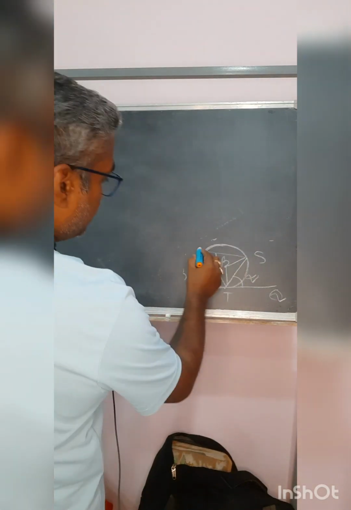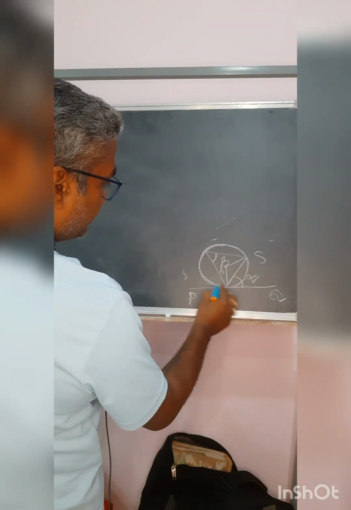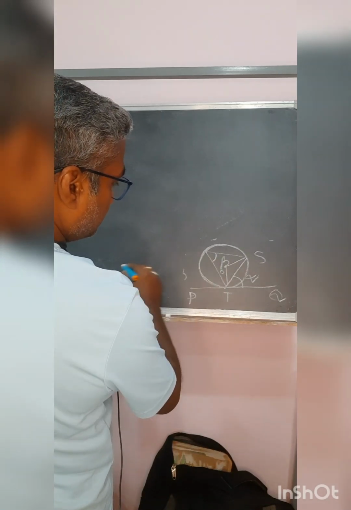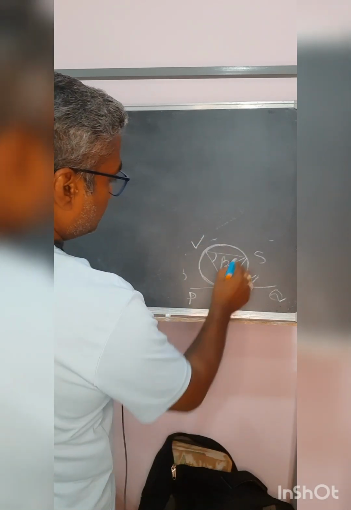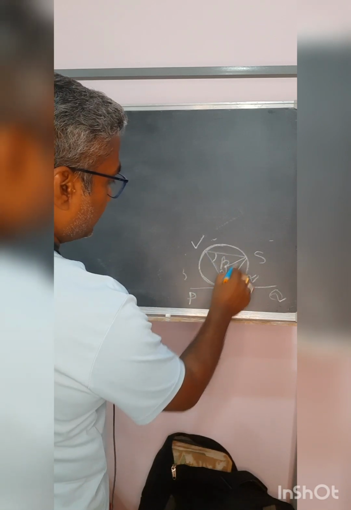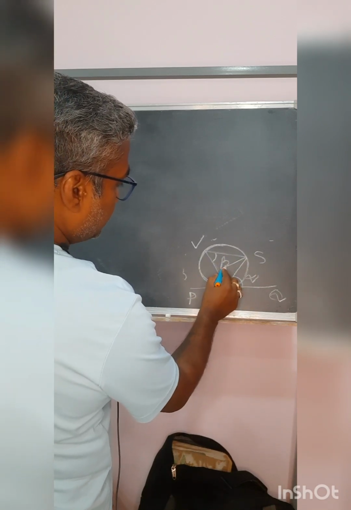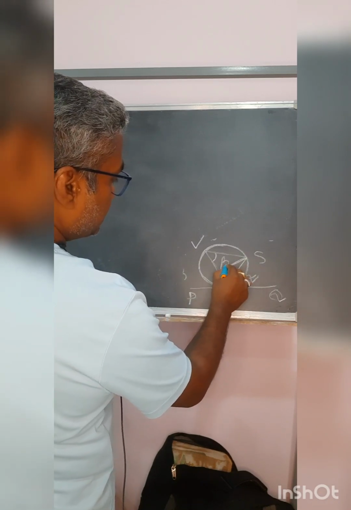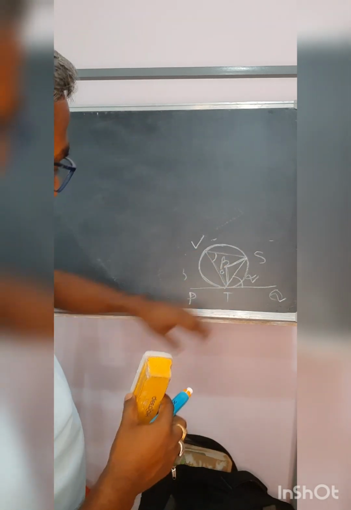Let me mark the point on the circle in the alternate segment as V. So this triangle is formed, and I am joining the center O to these points.